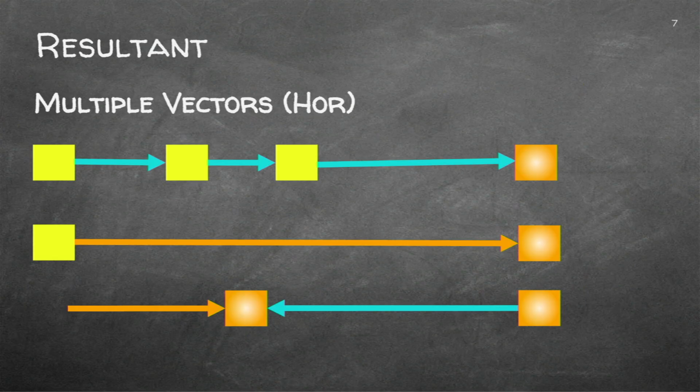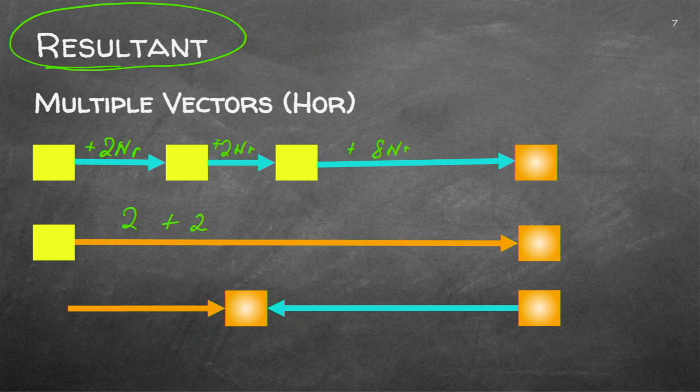Multiple vectors can be more than 2. So I've got 2 newtons and then 2 newtons again, and let's say 8 newtons there. All of them to the right, or you can say this is in the positive direction. So I can merely add them together to determine the resultant. Remember the result. So this will be 2 plus 2 plus 8, which will give me a value of 12 newtons to the right, or plus.